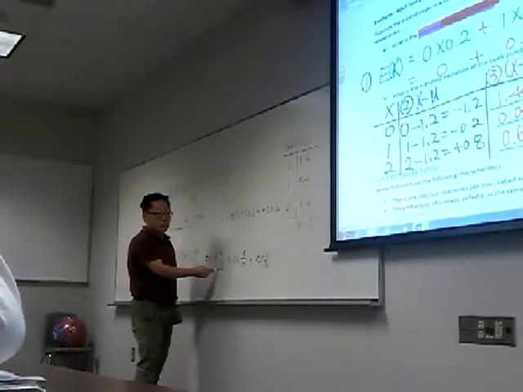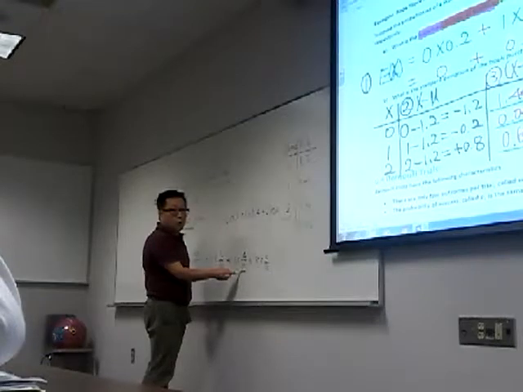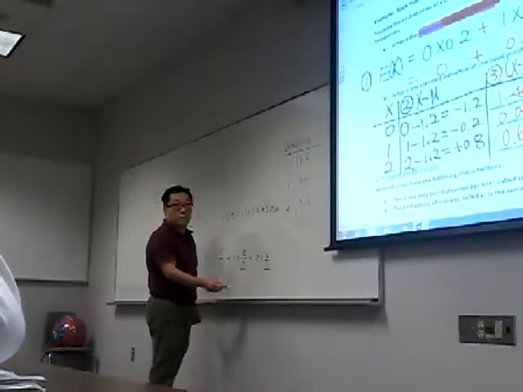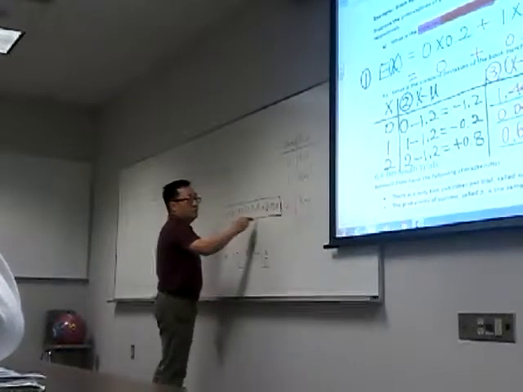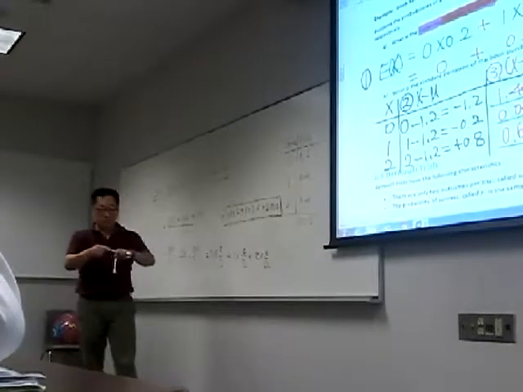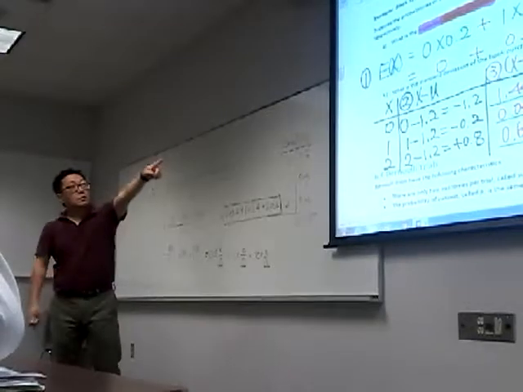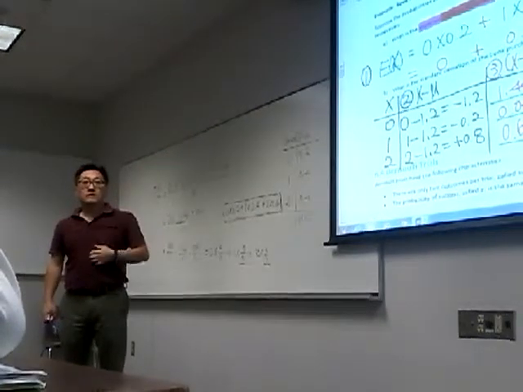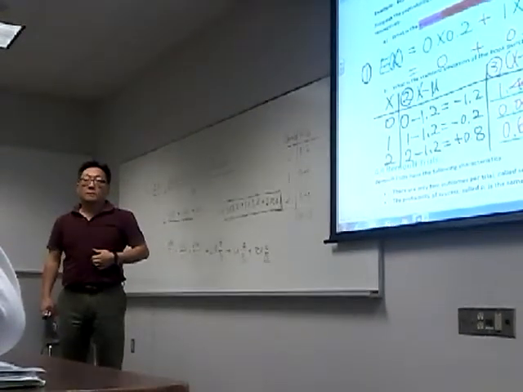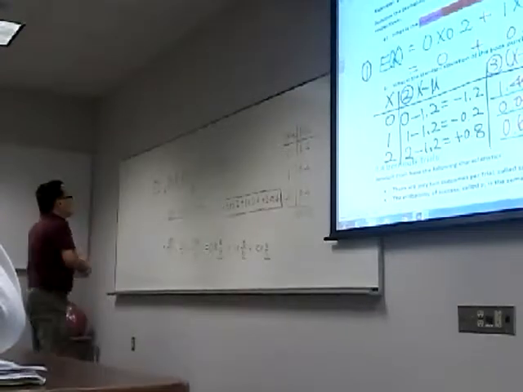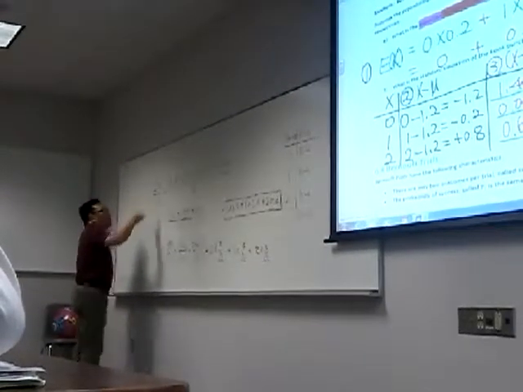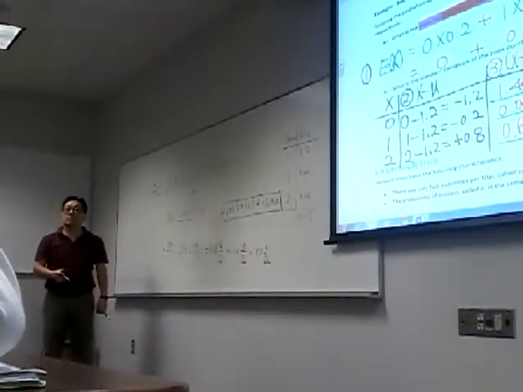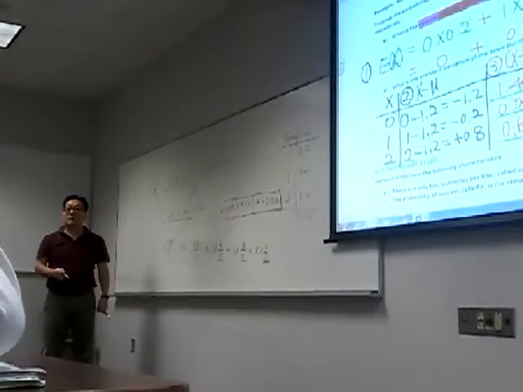The last step, how about this one? 0.2, 0.4, 0.4. That is the expectation. In this way, we took what in chapter 3? The mean.